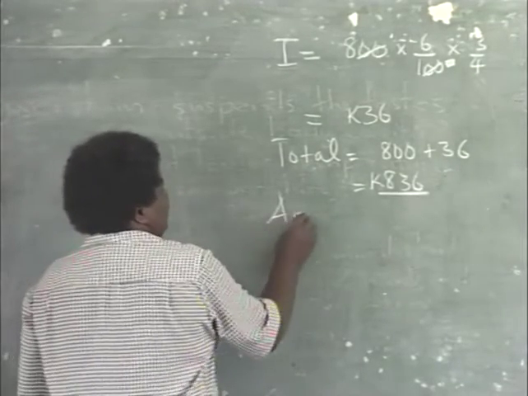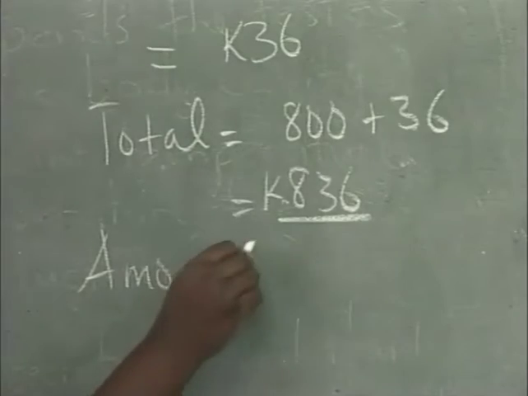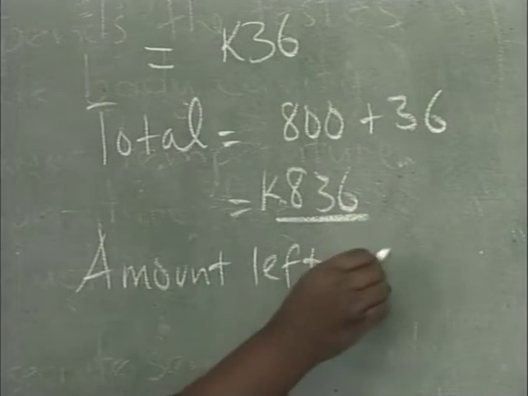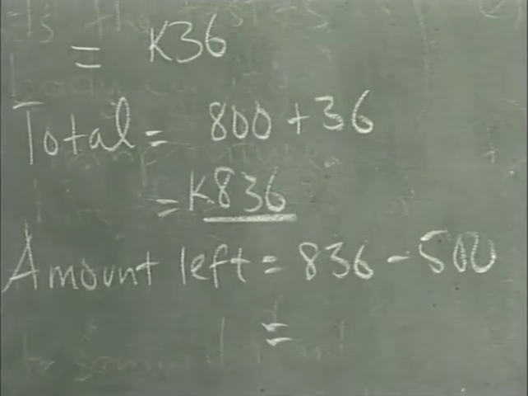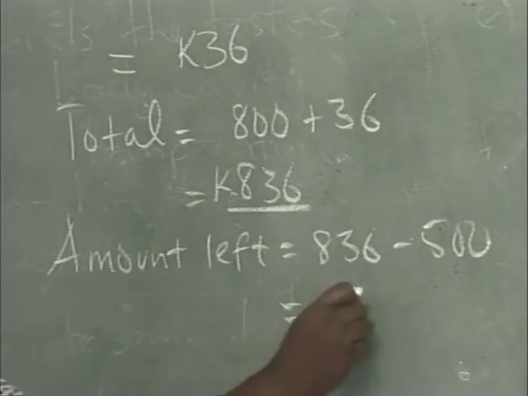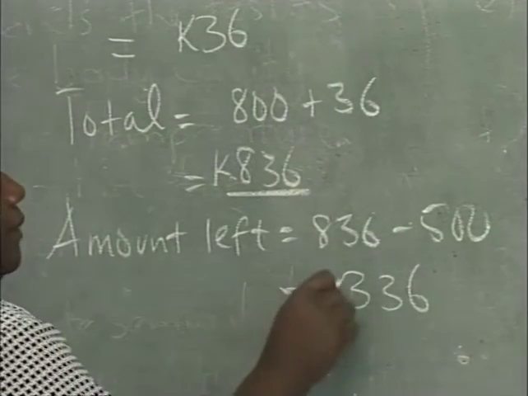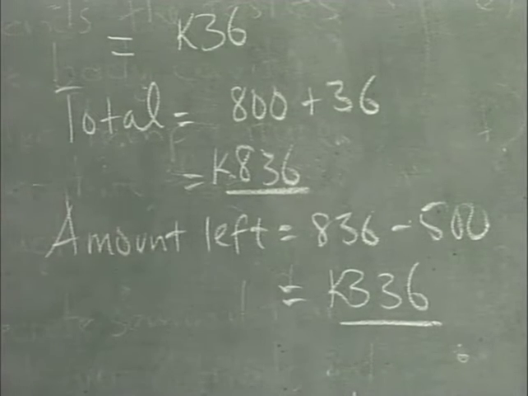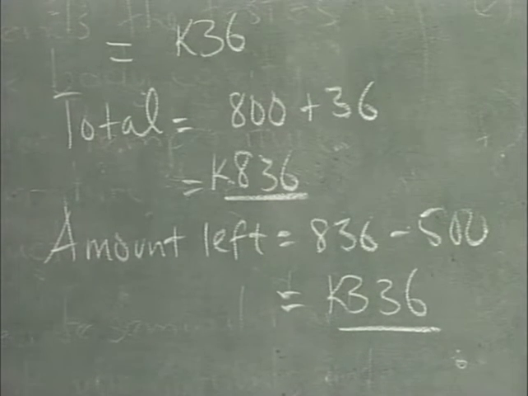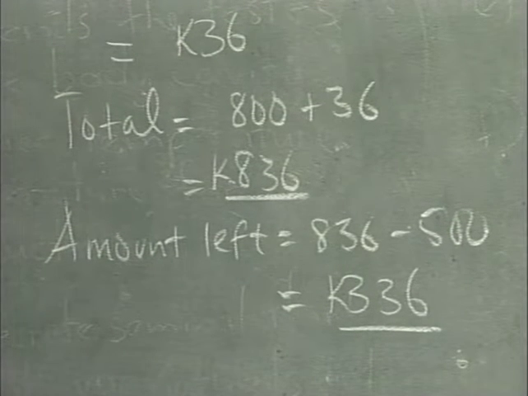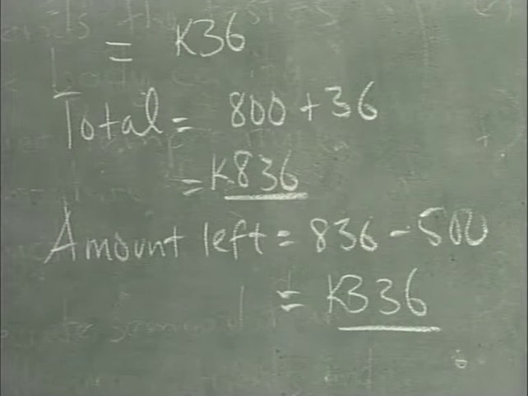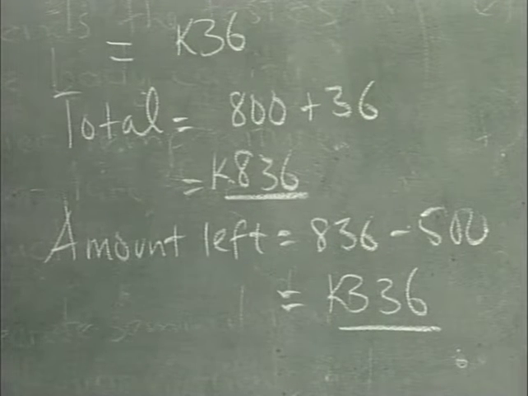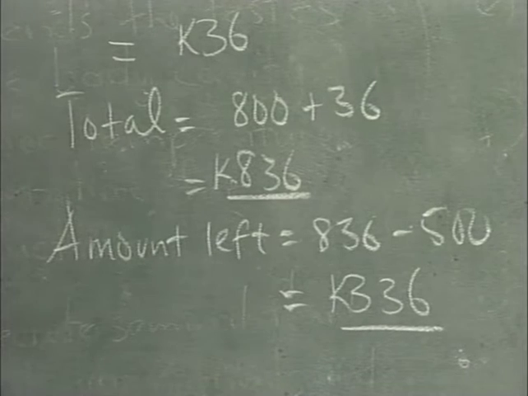So amount left will be 836 kina minus 500 kina, which is 336 kina. Then it says the rate of interest on the amount still owing was then lowered, and after a further 9 months, the whole loan was discharged by a payment of 348 kina 60 toya.